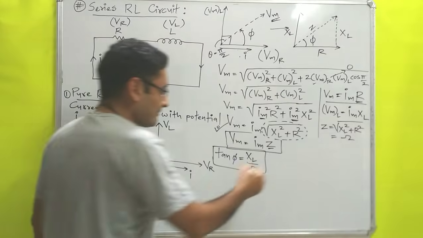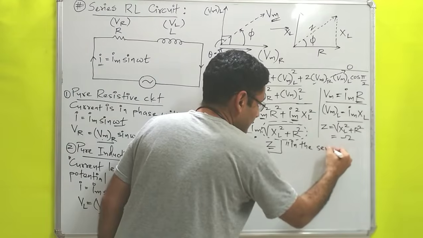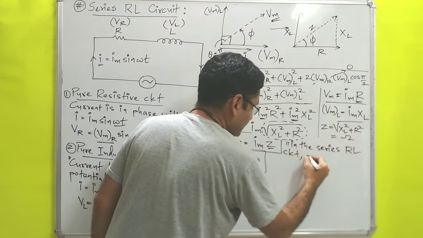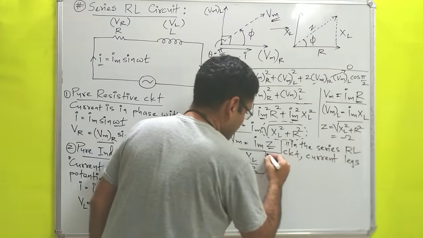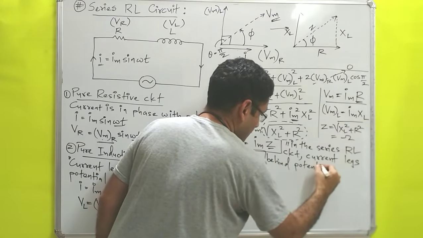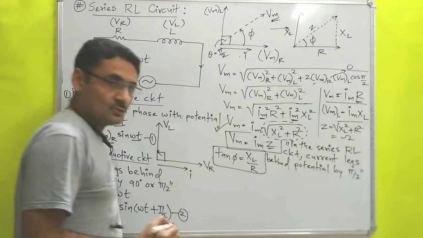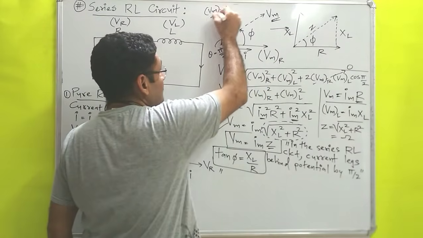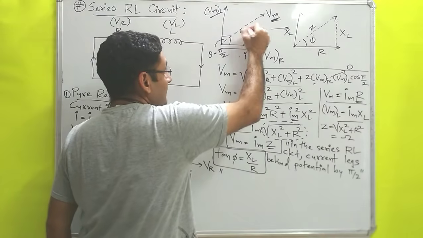So the same important statement I will write: in the series RL circuit, what we can say? Current lags behind potential by 90 degree, or pi by 2, or you can say like this, that the resultant potential leads the current by phi.